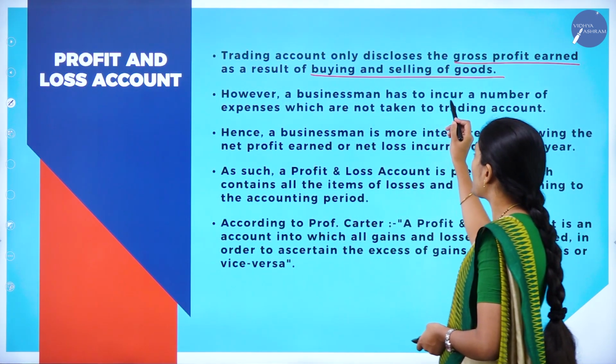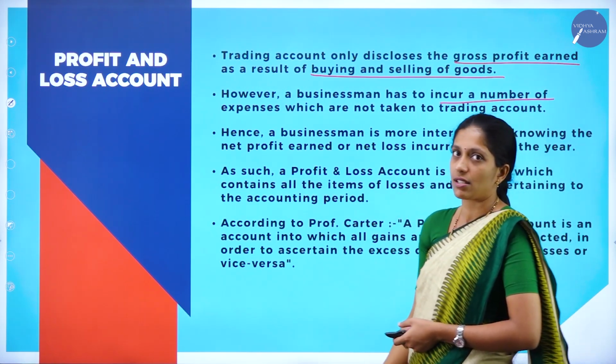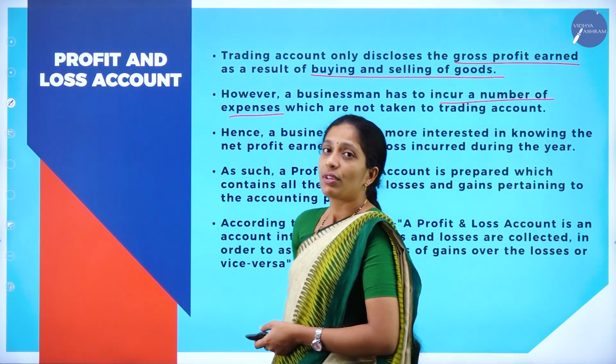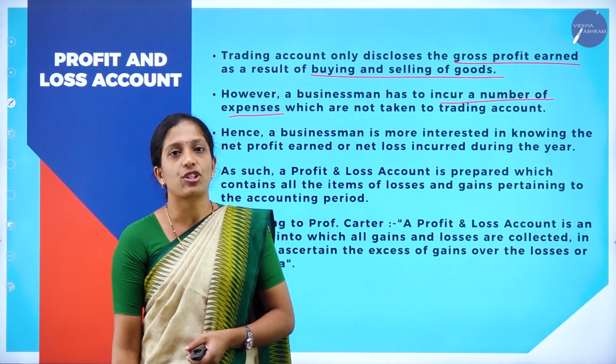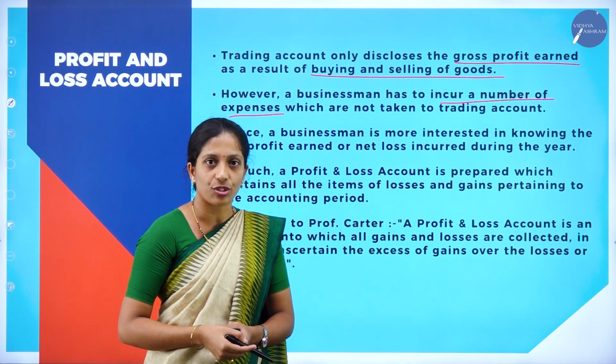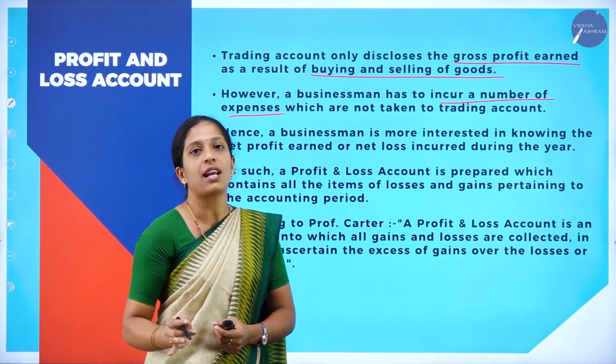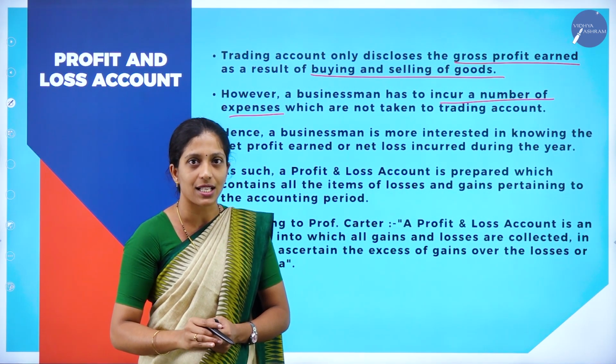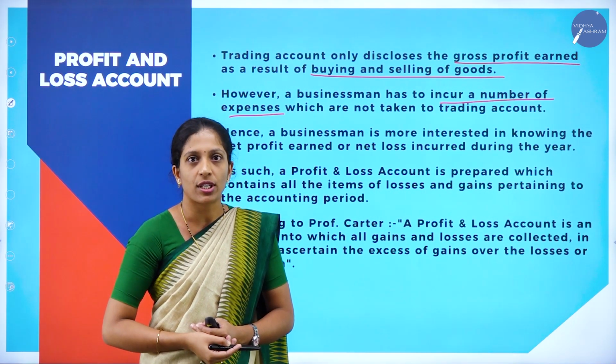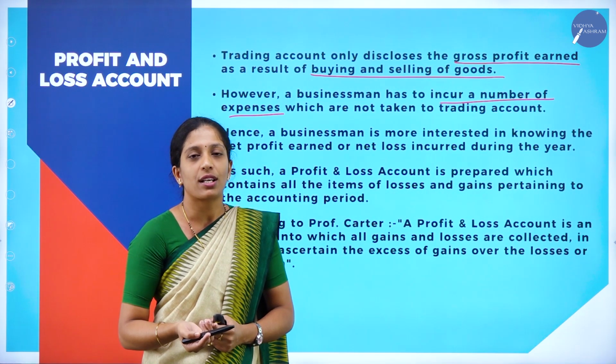However, a businessman has to incur a number of expenses. I've already told you, we take into consideration only the direct expenses under trading account, but there are so many expenses in the organization, like office and administration expenses, selling and distribution expenses.